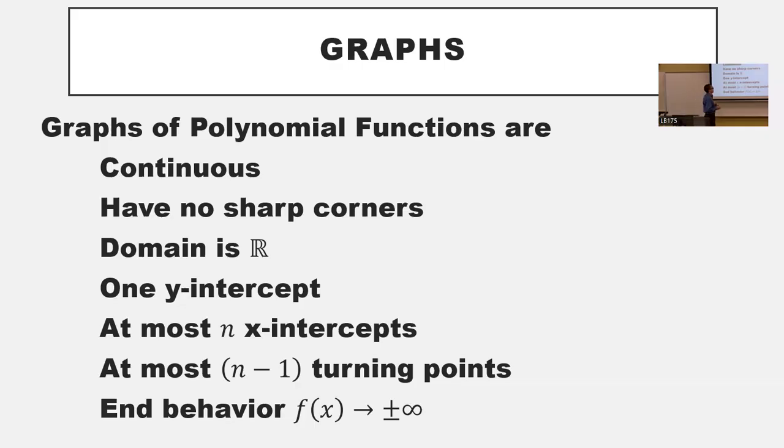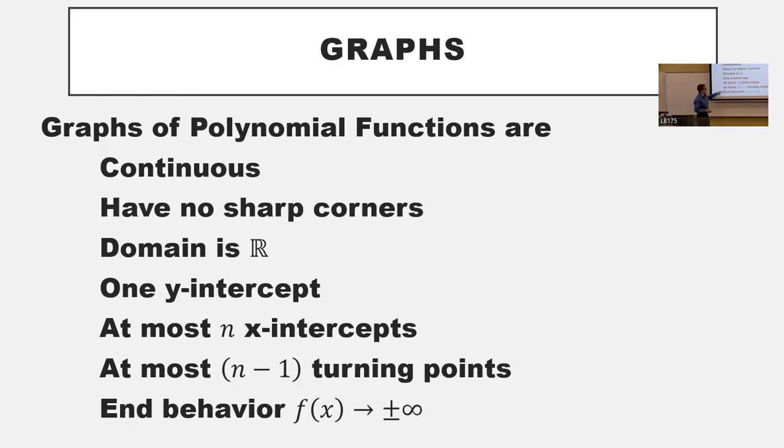Because the domain is all real numbers, we can always plug in x of 0 and find a y-intercept. So we're always going to have one y-intercept. Can't have two because then it would negate it being a function. Let me skip these next two.